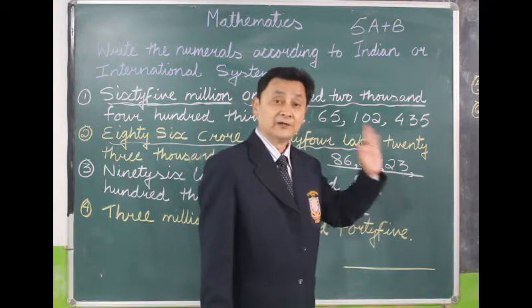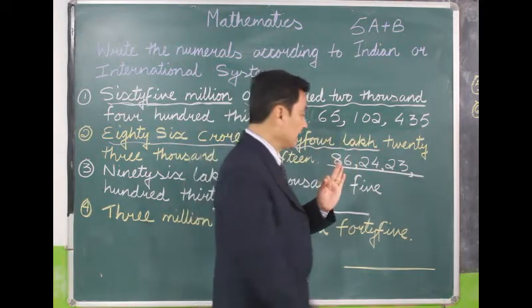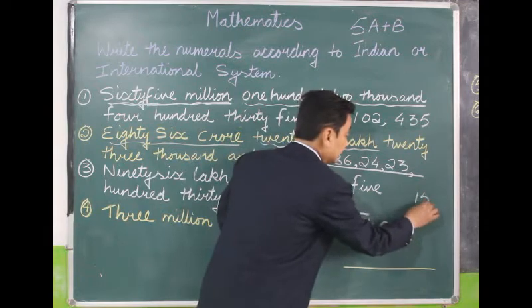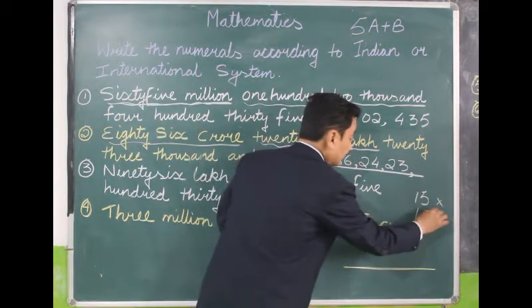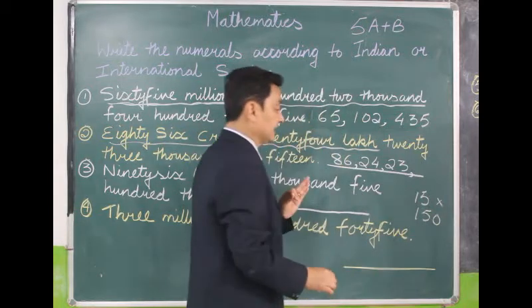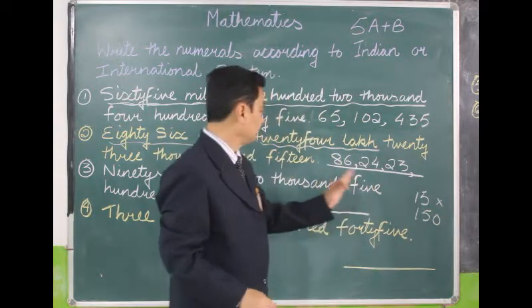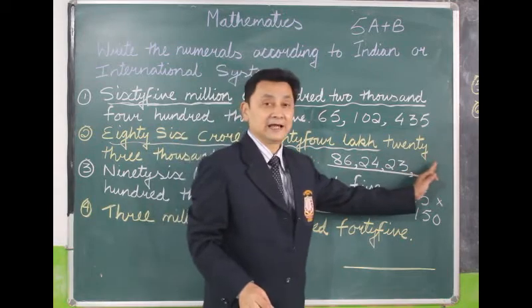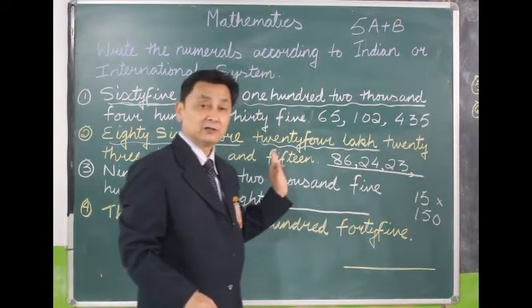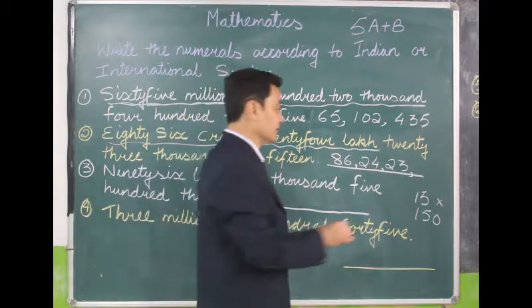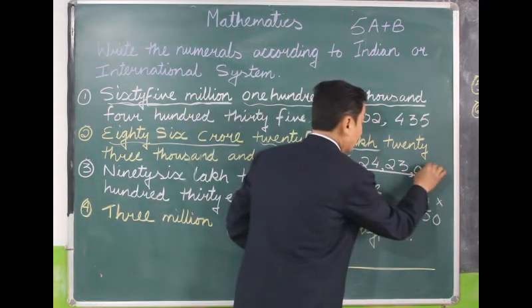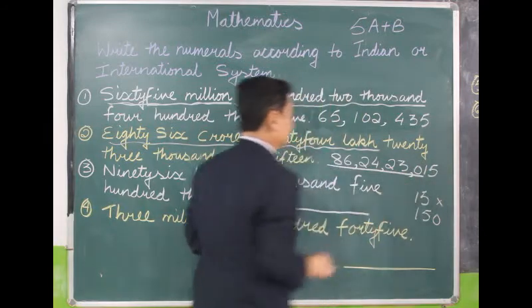In the units, 3. So if I write 15 like this, it will be wrong. If I write 150, it will be wrong. Remember, this 15 has to be at the end. Which place value is not there? 100. So what should we put? Very good. 0. So 0, 1, 5.